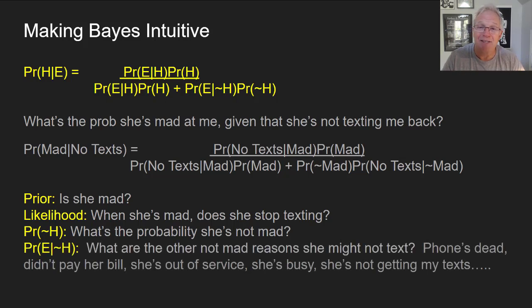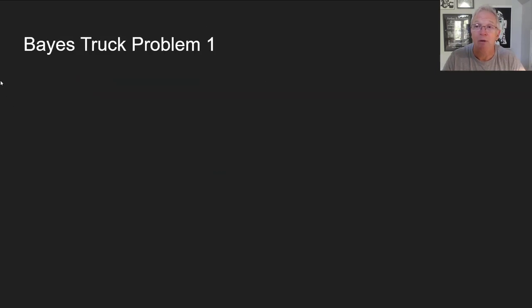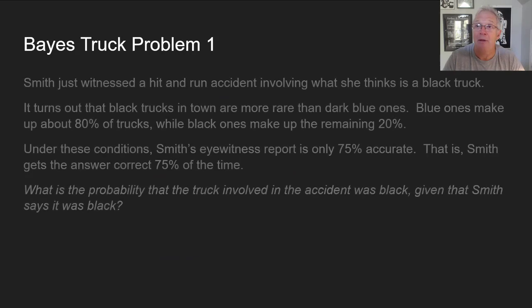And the probability of seeing the evidence given that the hypothesis is false is a consideration of all the disconfirming cases. What are the other non-mad reasons that she might not text? Maybe her phone's dead, she didn't pay her bill, she's out of service, she's busy, she's not getting my texts, or some other explanation. And what we're going to do is approximate some numbers, or I'm going to give you some real problems where we have numbers for these and we can calculate it out. And we're going to start retraining our intuitions to see how that happens.